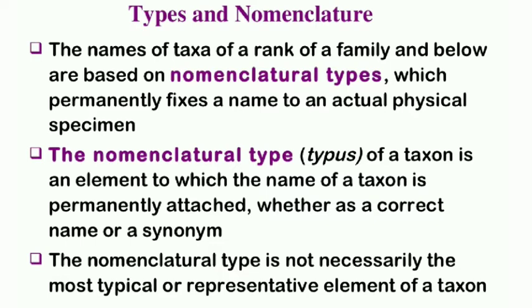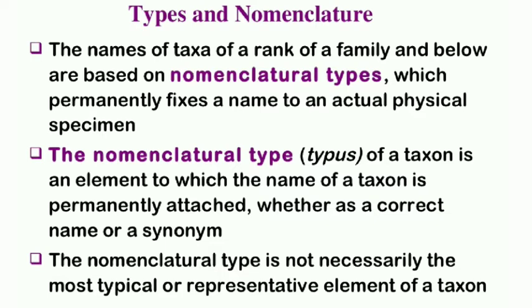Like that, the same plant can be prepared as a herbarium in other places also, and those herbaria will also be called other types. Okay. We have some types in typification, the nomenclatural types. Simply, the type refers to one herbarium specimen, a dried plant specimen.